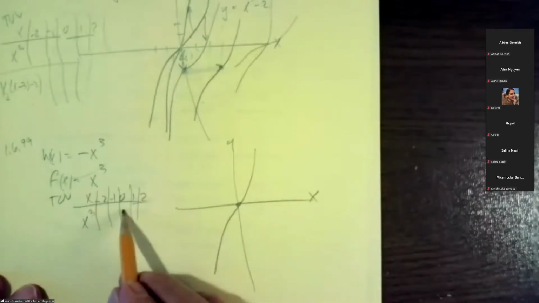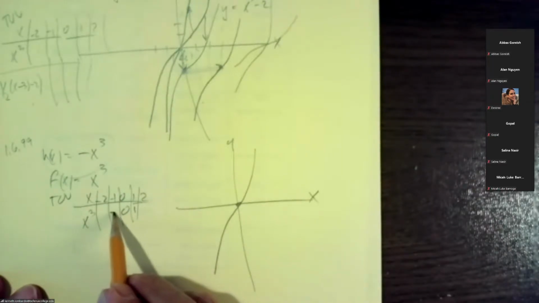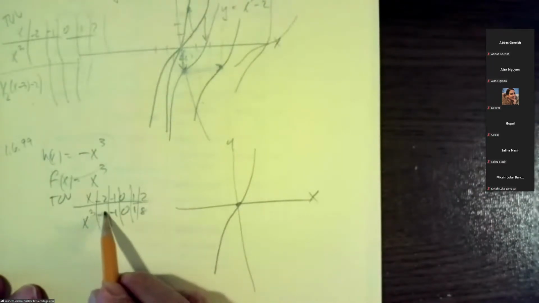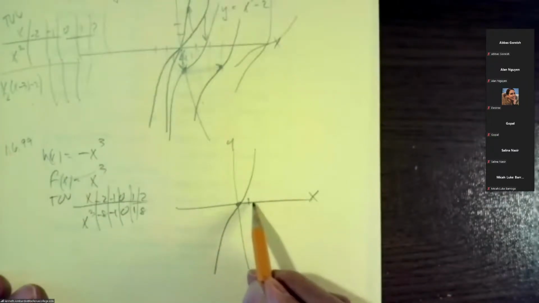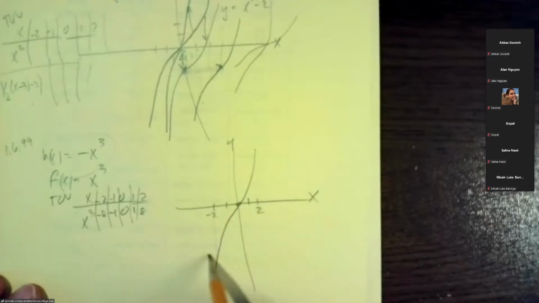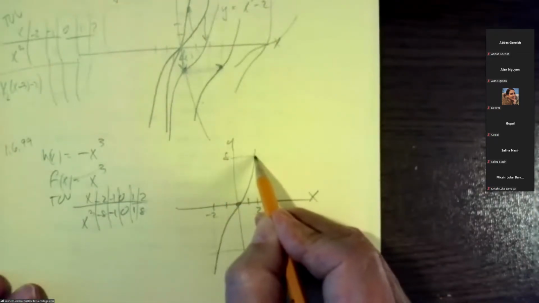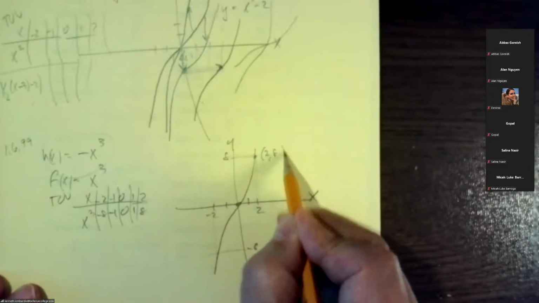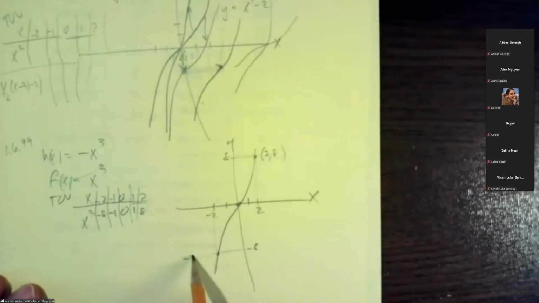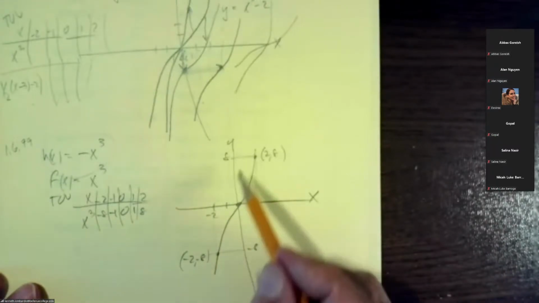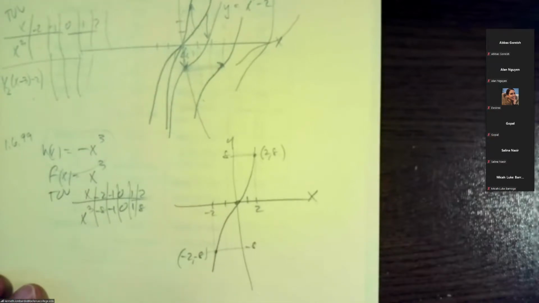We can plot the actual values: 0, 1, -1, 8, -8, go over 1, 2, -1, -2. And down here would be a -8. And up here we'd be a +8. So this point would be 2 and 8. And this point down here would be -2, -8. Everybody agree that's what that would look like? Any questions on how we did that?